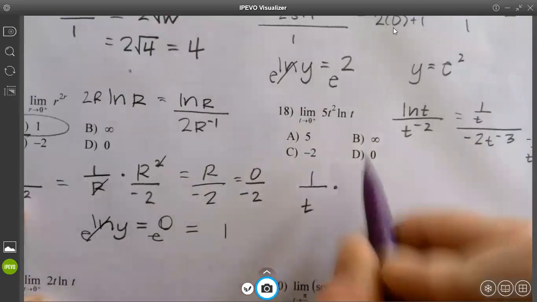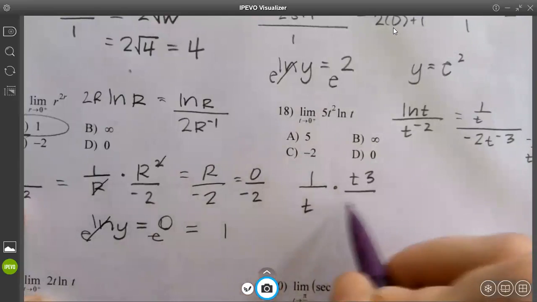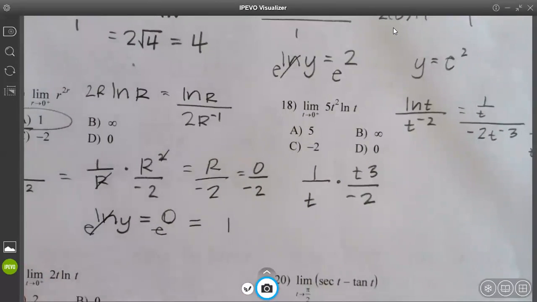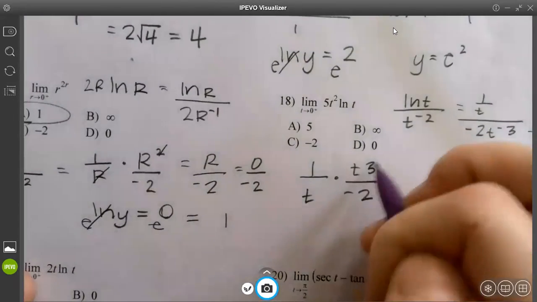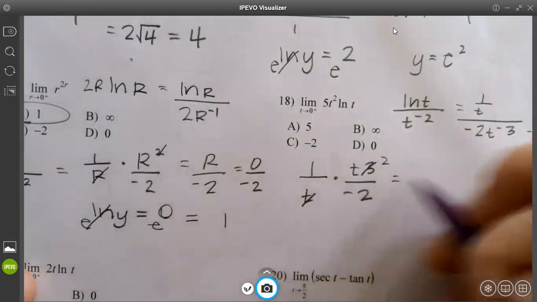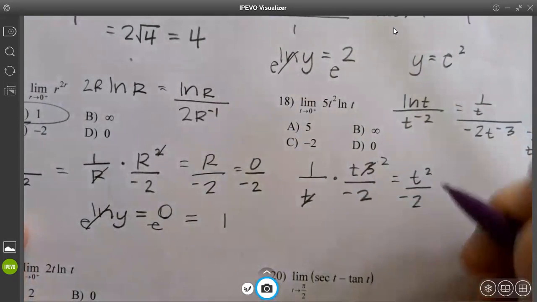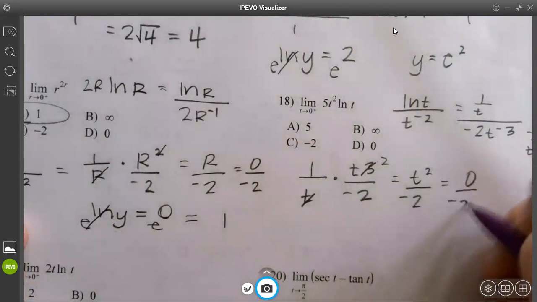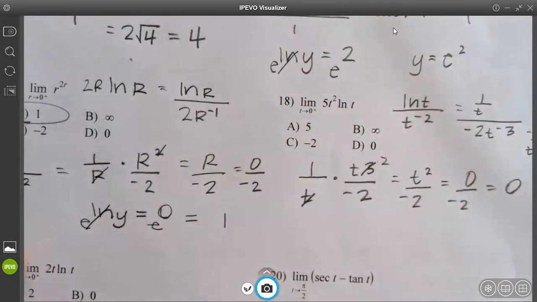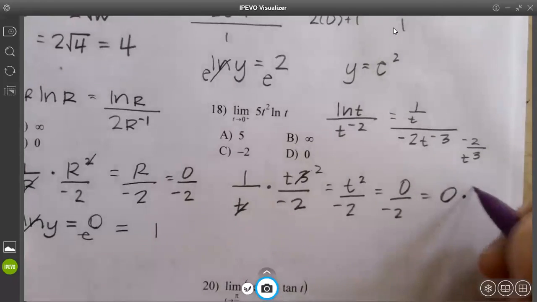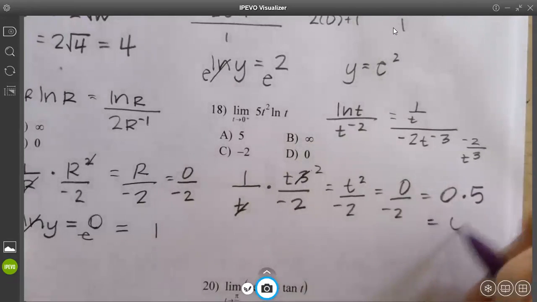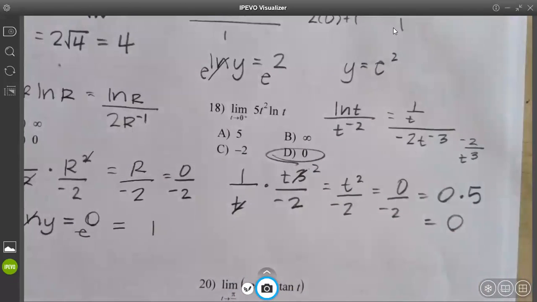Instead of dividing, we flip and multiply. This is the same as the last problem, except we didn't have to ln it. Take out a t, so it changes to t squared. You direct substitute, you get 0 over -2 or 0. Last step is I need to multiply by that 5. Still not going to change anything. So if you forget that step, that's fine. Don't forget the ln step.